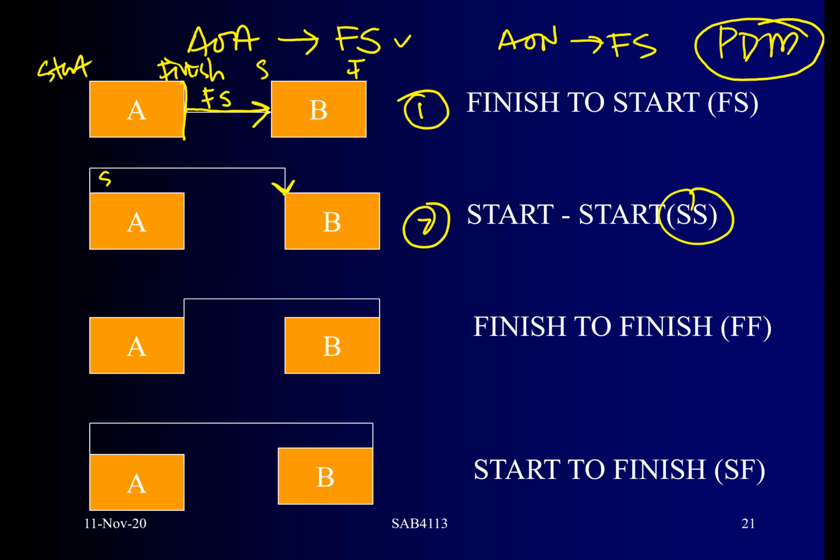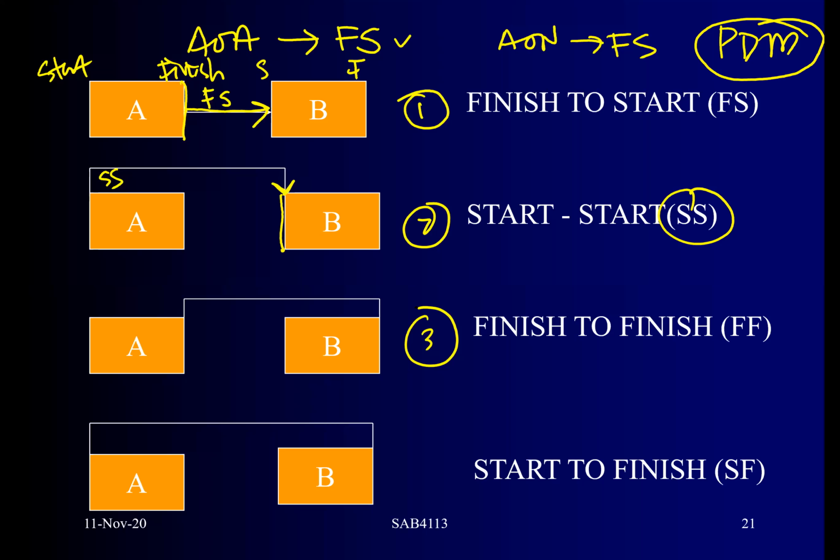Otherwise, people do not know where this thing goes. So let's say A is coming out from start and then goes into B from the left side, also start. So we call it start to start relationship. Meaning both activities start concurrently or at the same time. And then the third one is finish to finish.